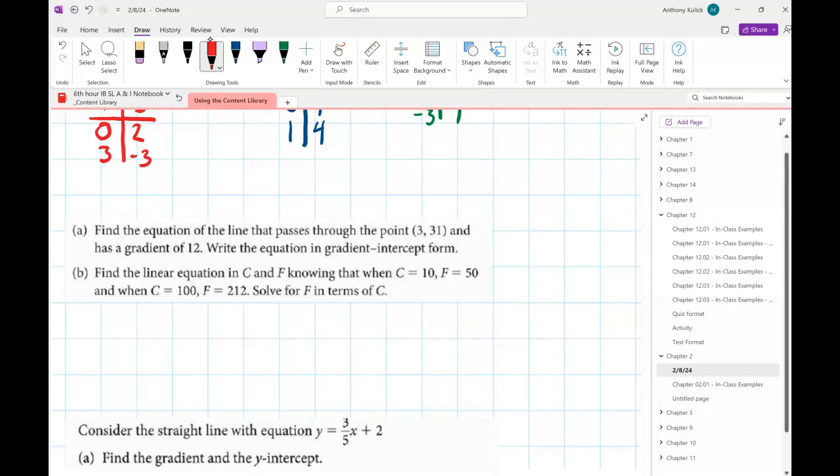Here, this one says find the equation of the line that passes through the point 3, 31 and has a slope of 12. Write the equation in slope-intercept form. I'm going to say slope every time they write gradient. Is everybody okay with that? All right. You remember how to do this?